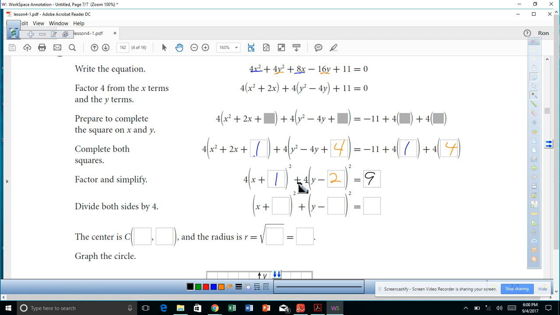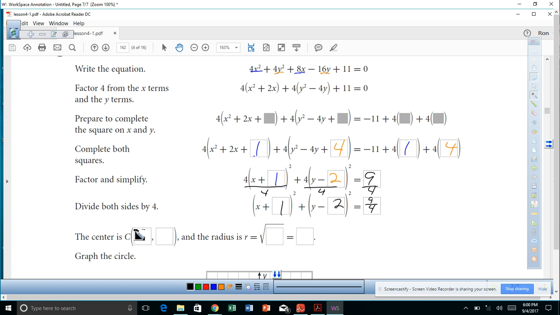All right, now they're going to divide everything by 4, and they're going to get (x plus 1) squared plus (y minus 2) squared equals 9/4.